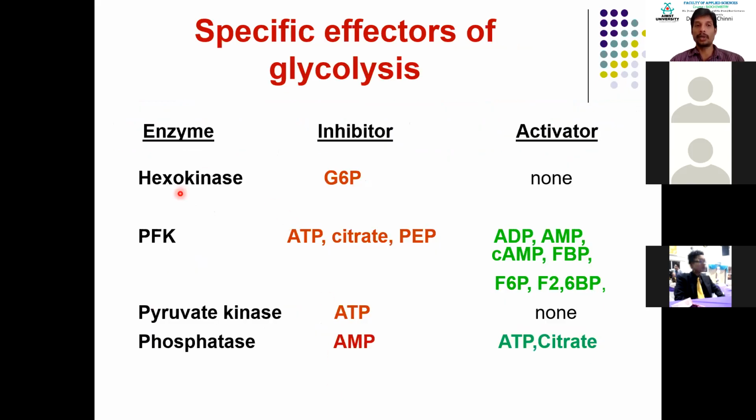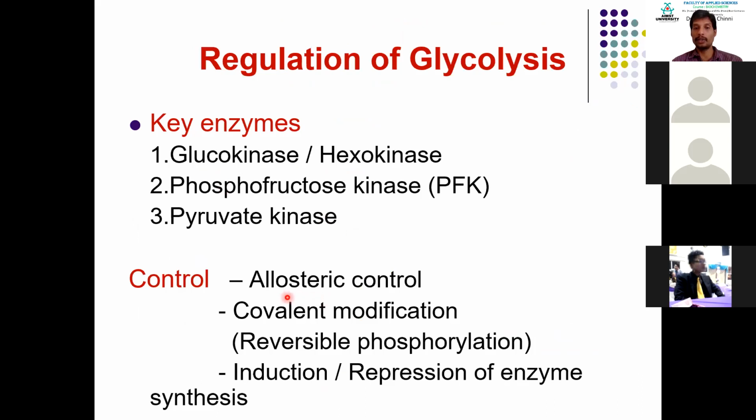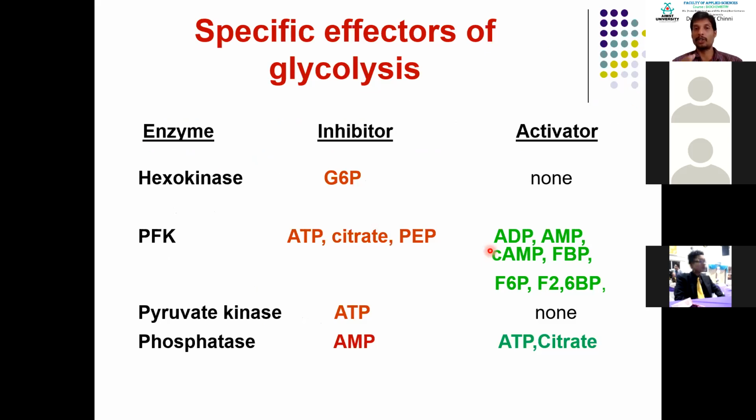And how will it control? For example, hexokinase or glucokinase will be inhibited by glucose 6-phosphate. What reaction does hexokinase catalyze? Glucose to glucose 6-phosphate, right? If the cell has a lot of glucose 6-phosphate, is this reaction required? Not required. So glucose 6-phosphate binds to the hexokinase and stops that reaction. That is called allosteric control. Normally the enzyme binds the substrate at its active site and converts it into product.